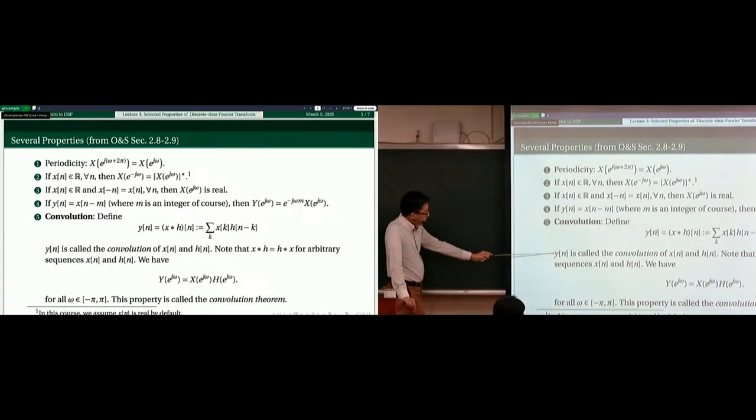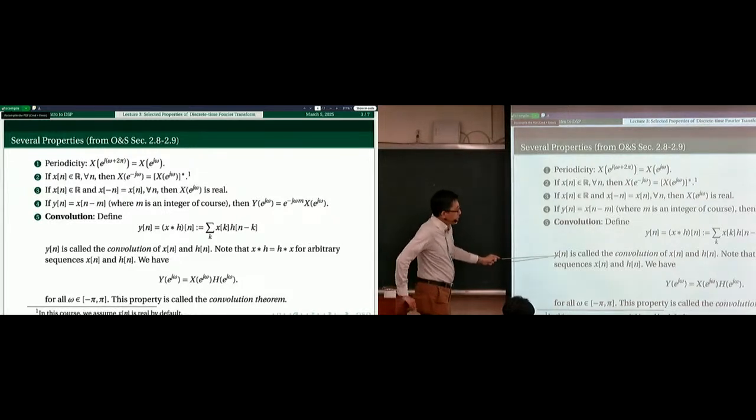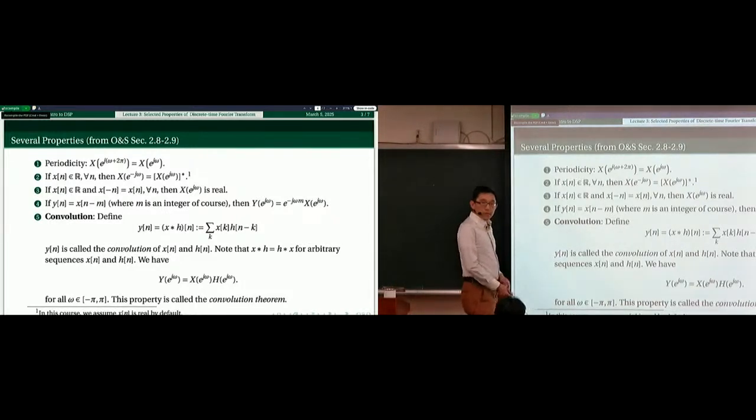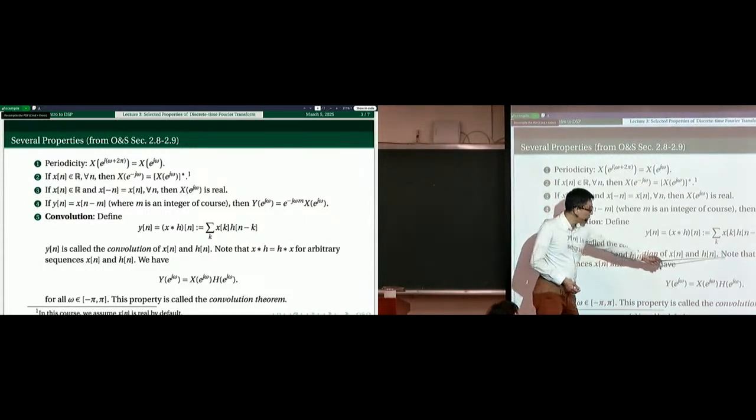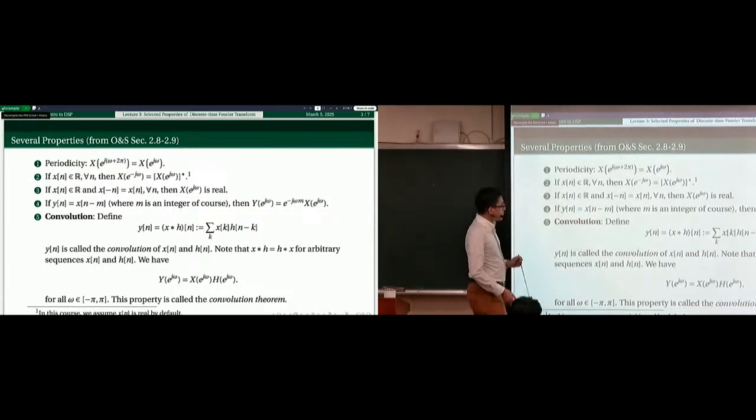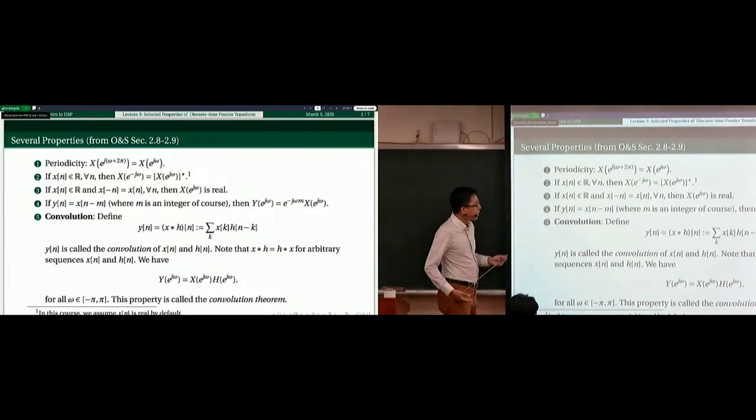That is why this definition is called the convolution of signal x and signal h. Next, please note that convolution is commutative.